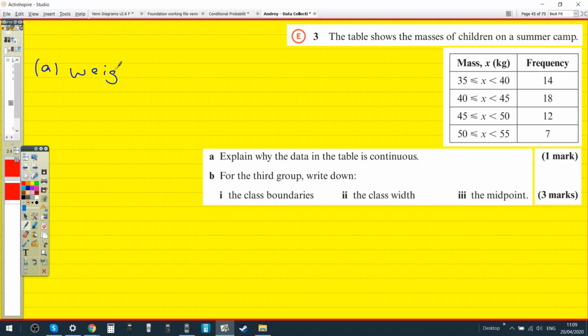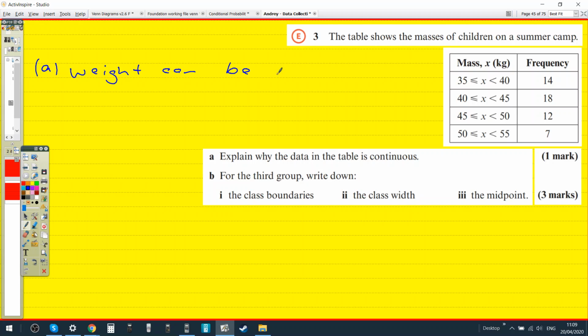So weight can be, how would you say it? Increase. No. That just means it's a variable. Something discrete might be like shoe size: 5, 5.5, 6, 6.5. You can't be a size 7.3 recurring or something.